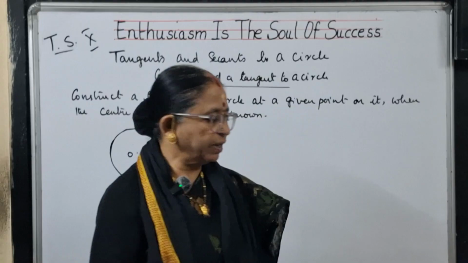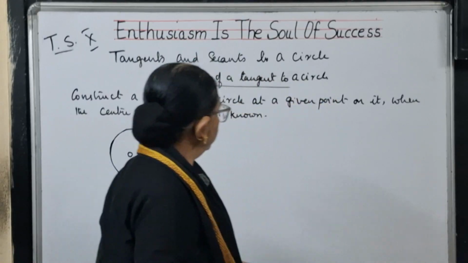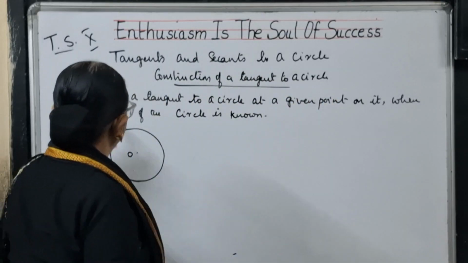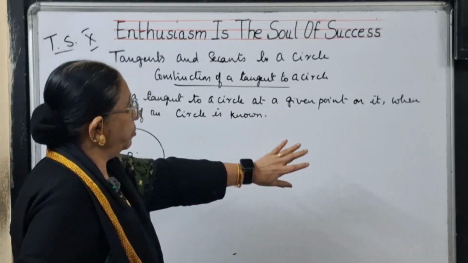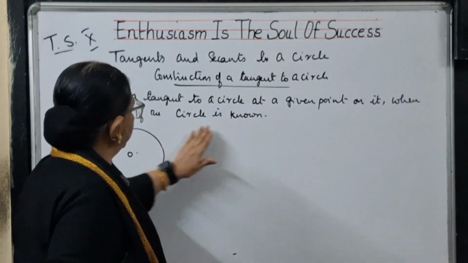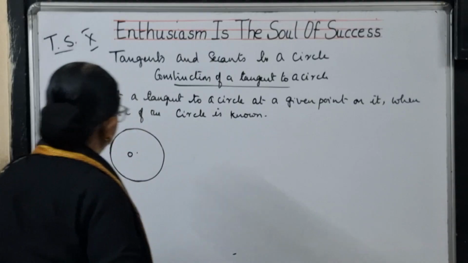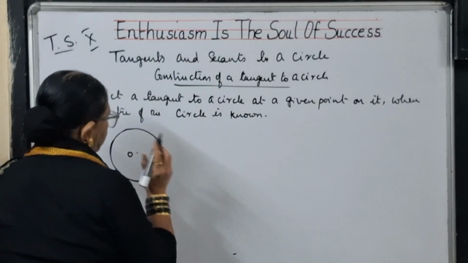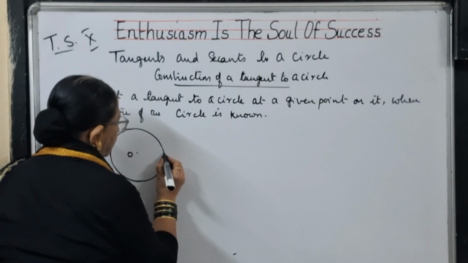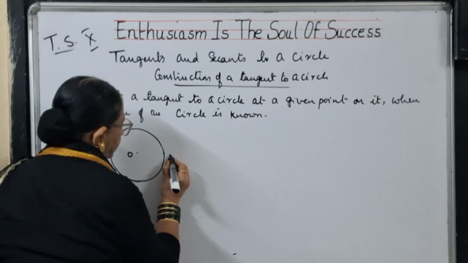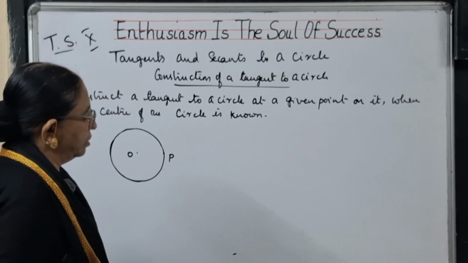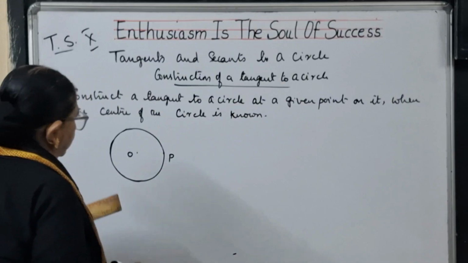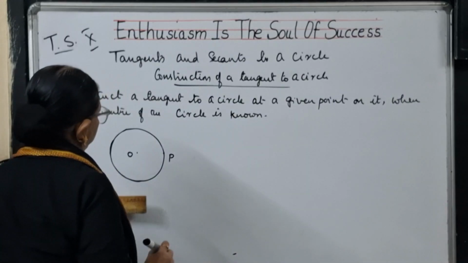Now, the next one is construction, children. The construction is: construct a tangent to a circle at a given point on it when the center of the circle is known. So, suppose this is a circle with a center O and P is a point. Now, you need to construct a tangent at the given point.